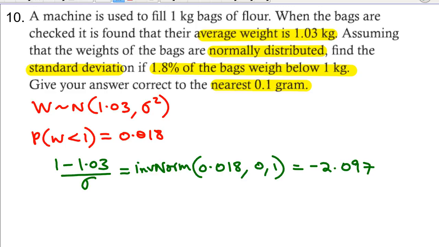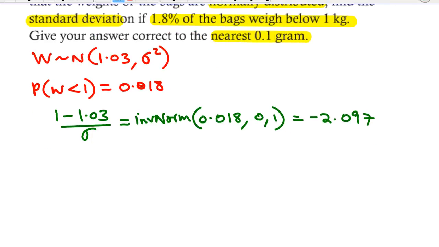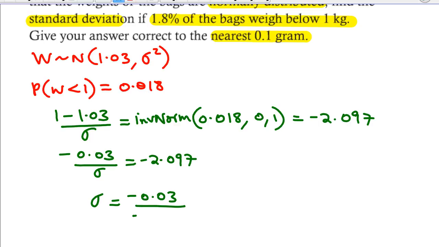So negative 0.03 over standard deviation will be equal to negative 2.097, which means that the standard deviation will be equal to negative 0.03 divided by negative 2.097.